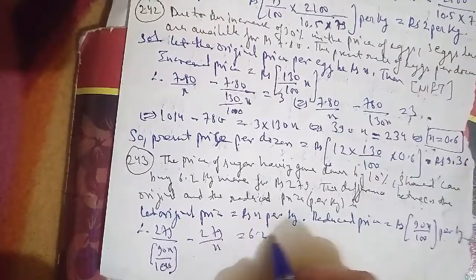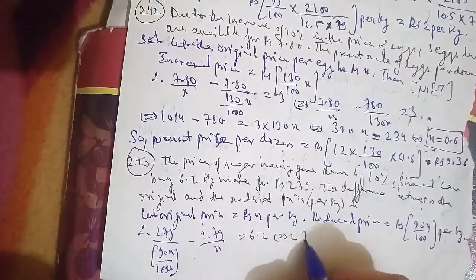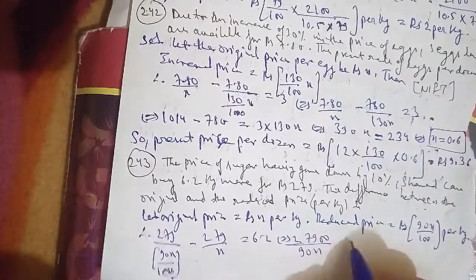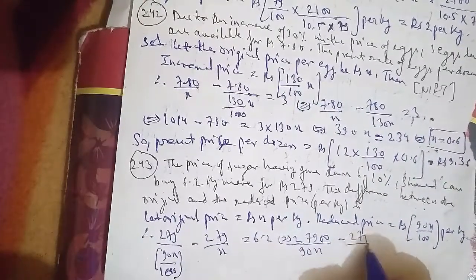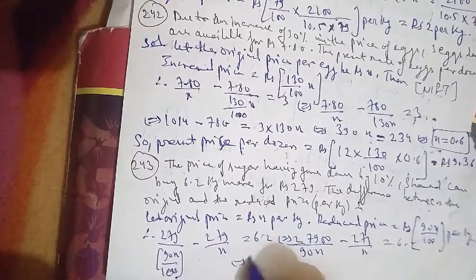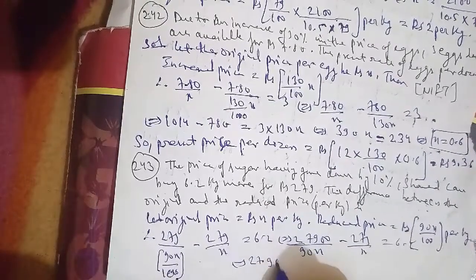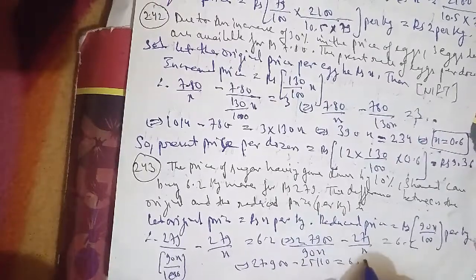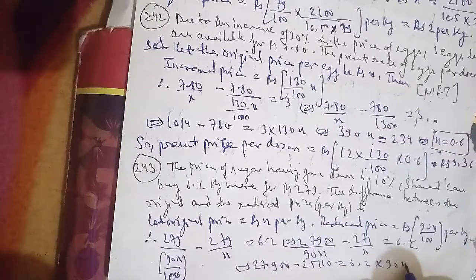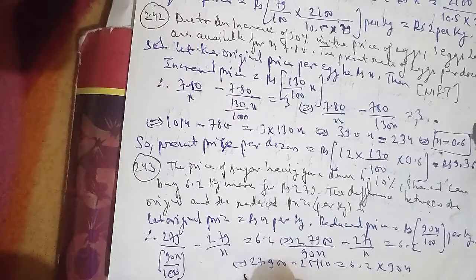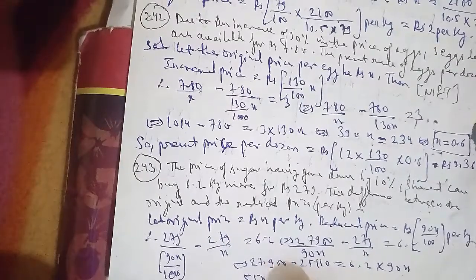Okay, so the required difference equals 10% of rupees 5, which is equal to rupees 0.50, and that is the right answer. We'll go ahead for the next question.